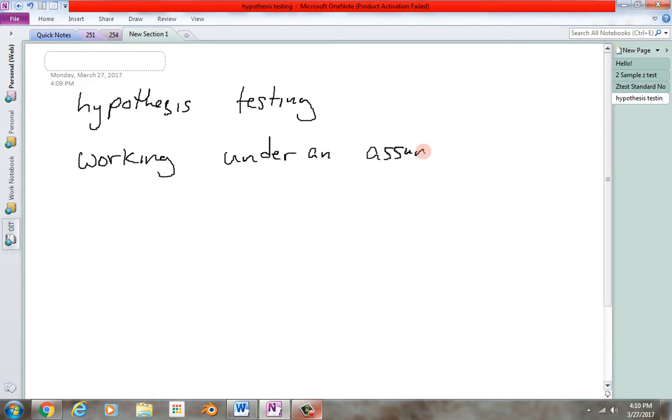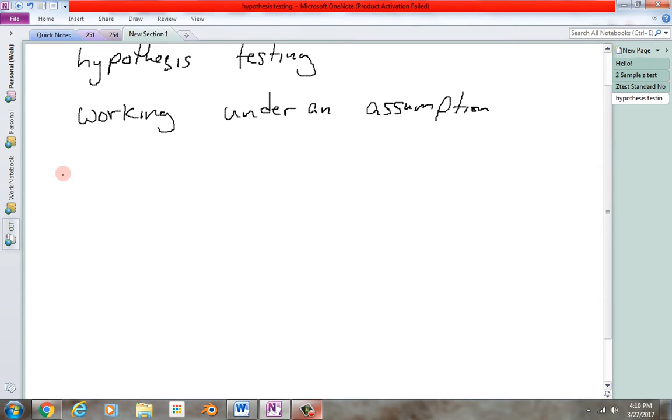And that assumption could be anything for the most part. But the idea here is that whenever we do it, it will always have some sort of an equals to in it. An equals to.